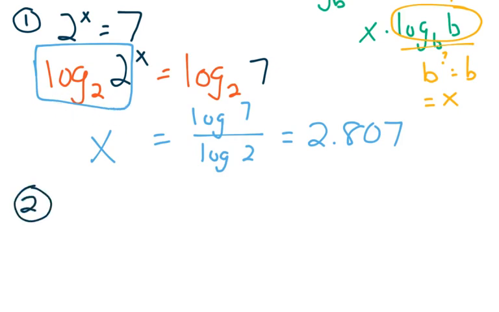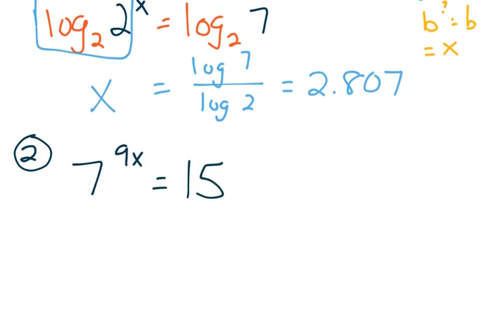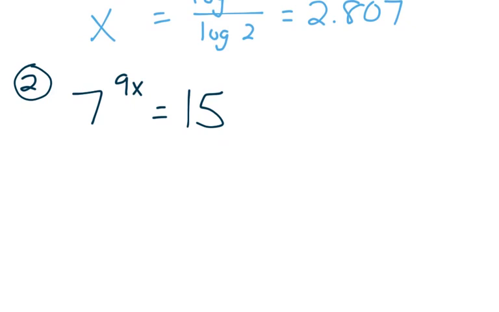Number 2. Let's go with 7 to the 9x power is equal to 15. All right, so what we want to do first is bring this 9x so it's no longer an exponent, so now we can bring it out front. The way we're going to do that is we need to get rid of this base, and we're going to get rid of the base by taking the log base 7, since in this case the base is 7, of both sides.